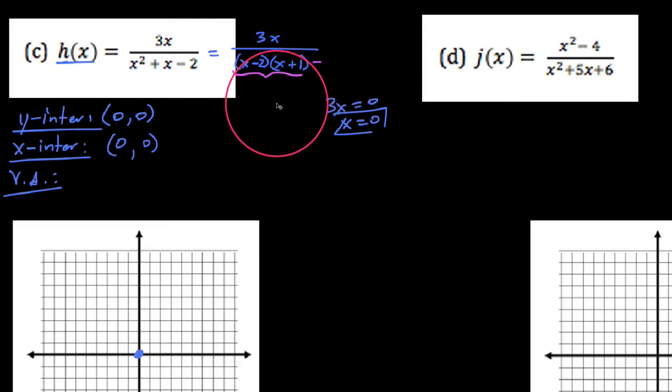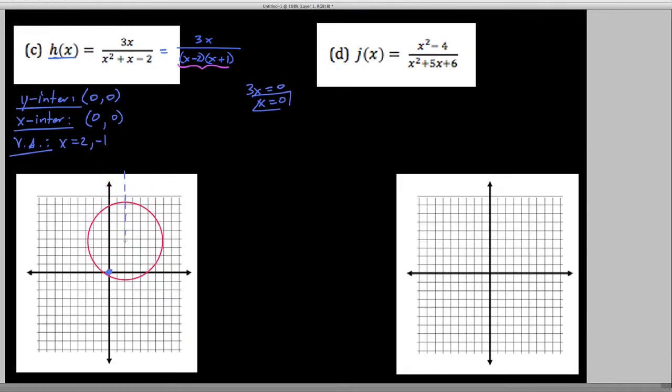So we have two vertical asymptotes, one at positive 2 and one at negative 1. So for the first time in my videos, at least, we're looking at a graph that has two vertical asymptotes. One at x equals 2, and one at x equals negative 1. These are these undefined spots where, as our x values get really close to them, our y values are either going to increase or decrease without bound.